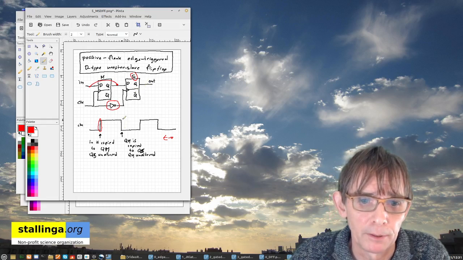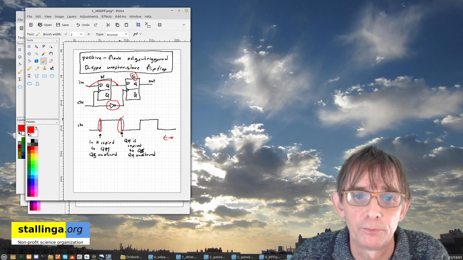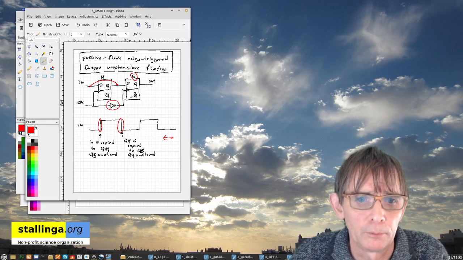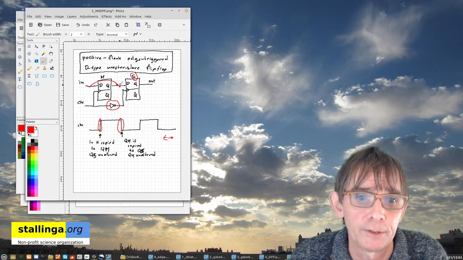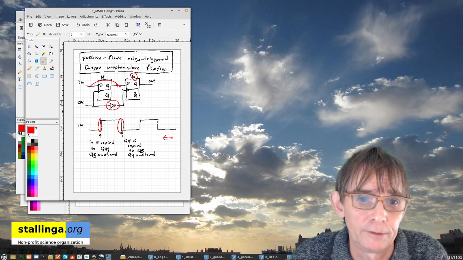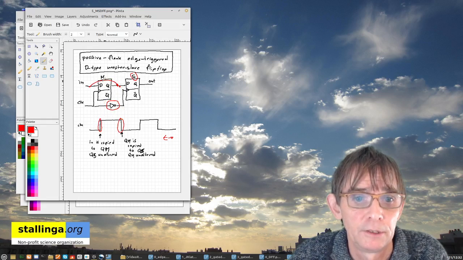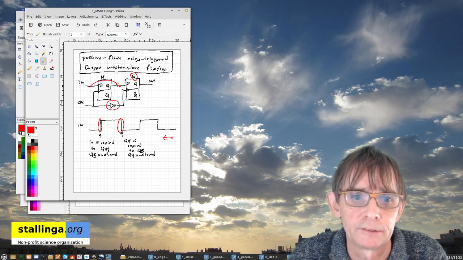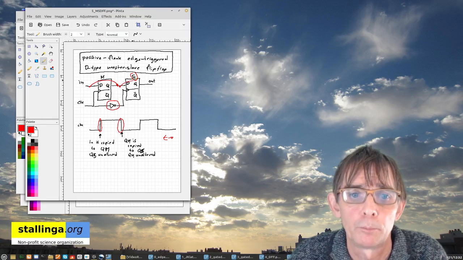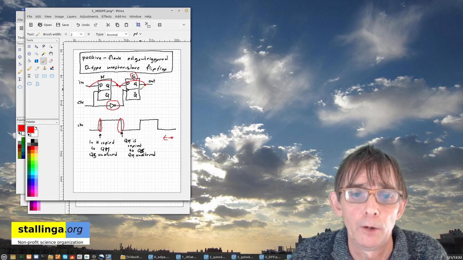But on the second half, on the falling edge of the clock pulse, this intermediate value doesn't change anymore, because the first one, the master, is deactivated and has a stable output, since we are not on the rising edge. When we're on the falling edge, the master has a stable output, and now it is copied by the slave to the output.